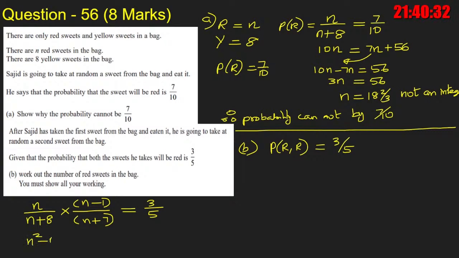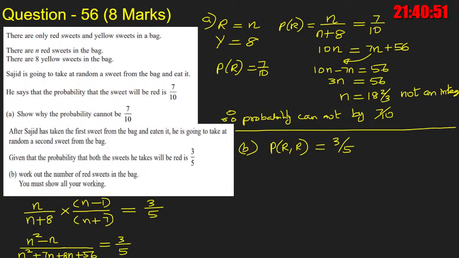N squared minus n over n squared plus 7n plus 8n plus 56 equals 3 over 5.